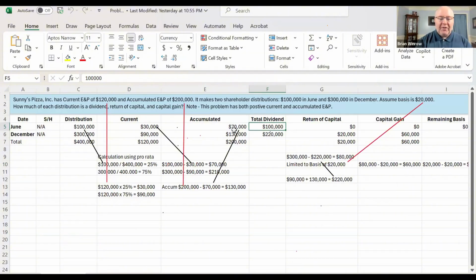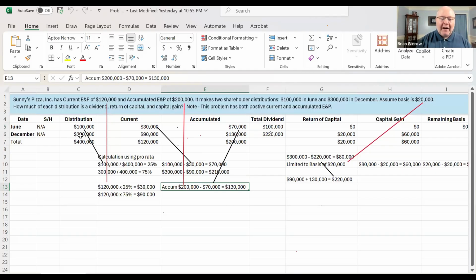Now, after we've dealt with the 70,000, we said, okay, we had 200,000 of accumulated. We've now taken care of 70,000 of it, which we apportioned to the June distribution date. That means we have $130,000 remaining of accumulated. So the 200,000 minus the 70,000 apportioned to June gives us 130,000 remaining.